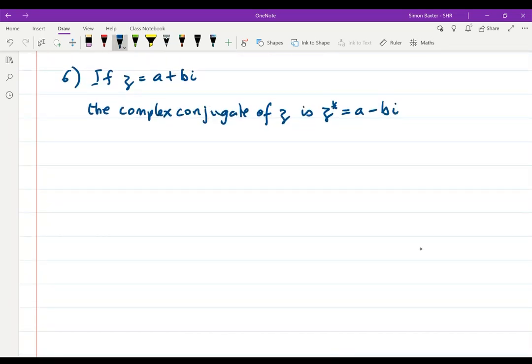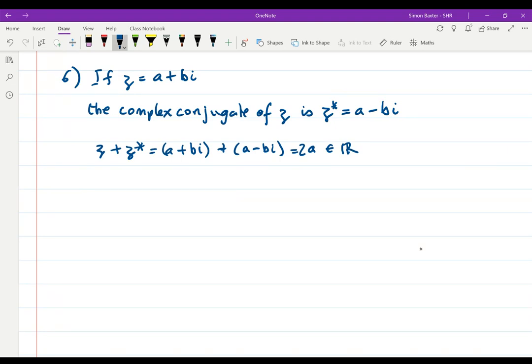Notice two things. Notice first of all that if we take z plus z star, that is equal to a plus bi plus a minus bi, and that is equal to a plus a, which is real.